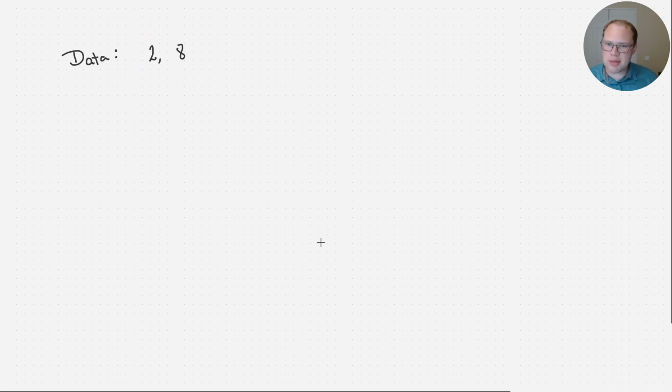So step one is going to be to find the mean. And we're going to assume we're talking about a population here, so I'm going to use mu for our mean. If you remember the formula for mean, we add up all the x's, and we divide by how many there are in the population. We only have two values, so when we add up all our data values, we get 2 plus 8.